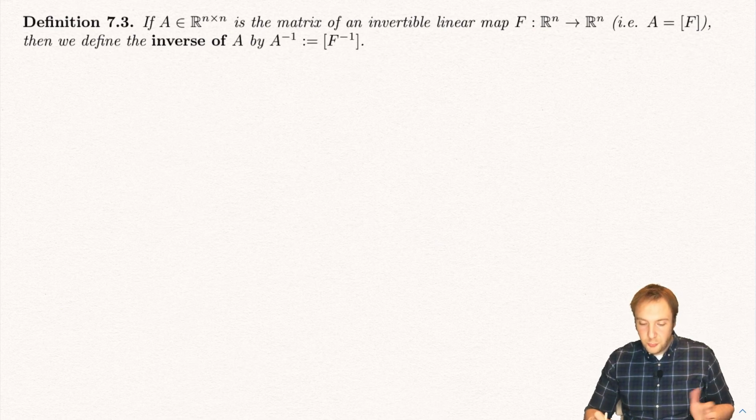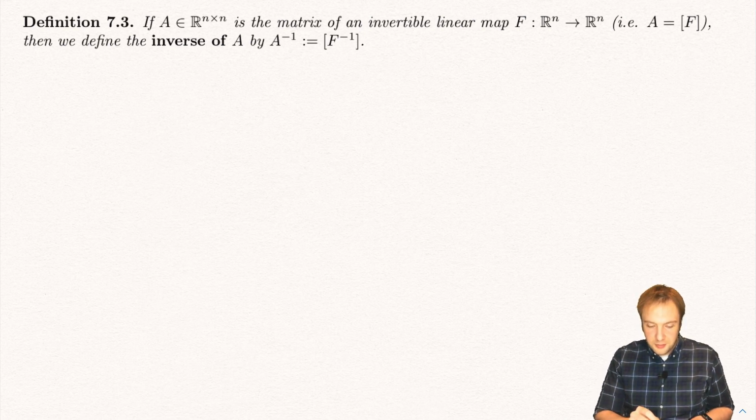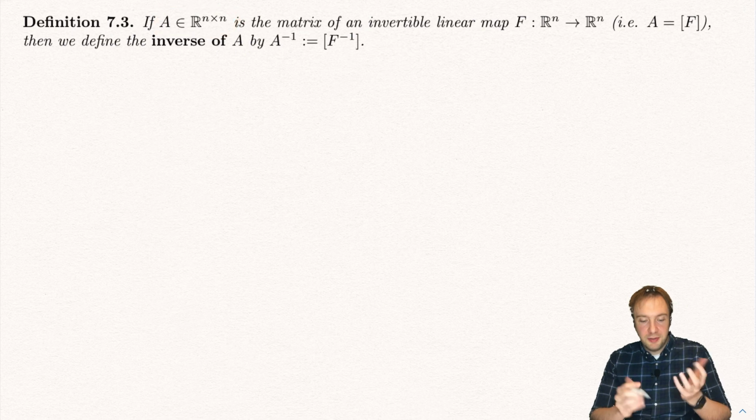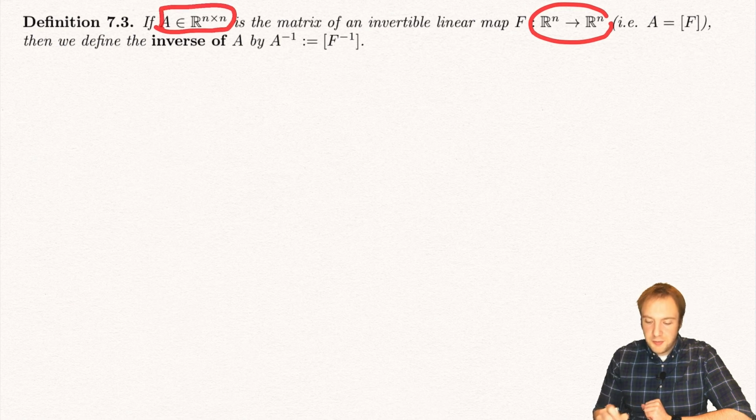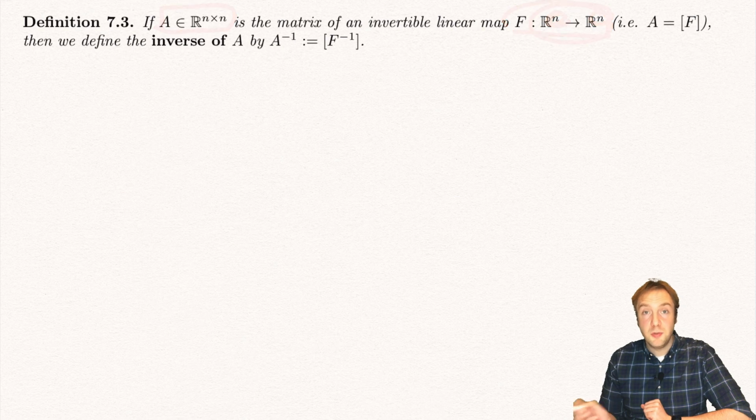So when does this exist? The question is, when I have an n by n matrix, it needs to be a square matrix, because otherwise this would correspond to a linear map which doesn't go from Rn to Rn.